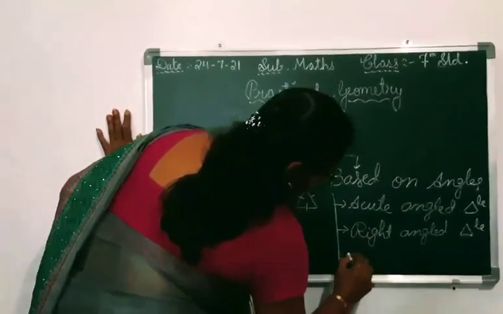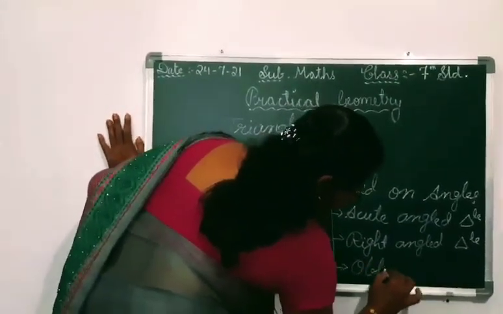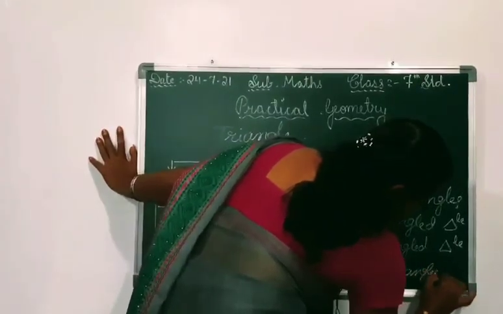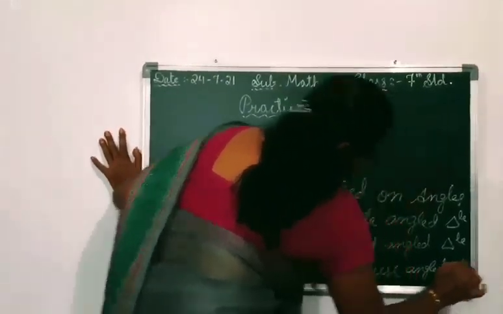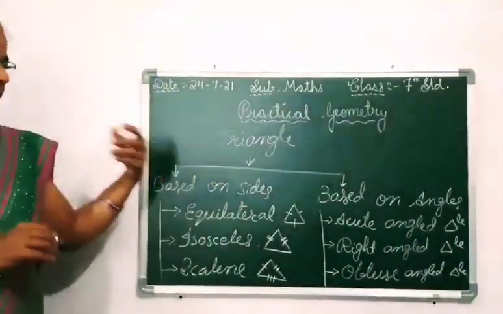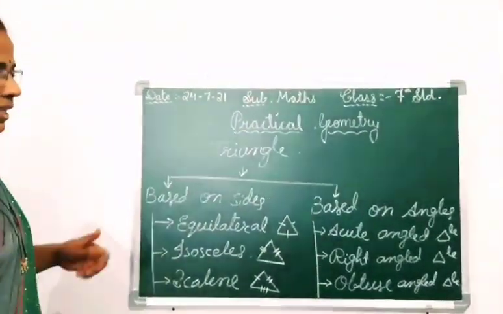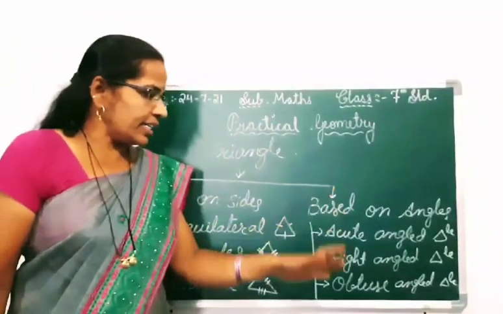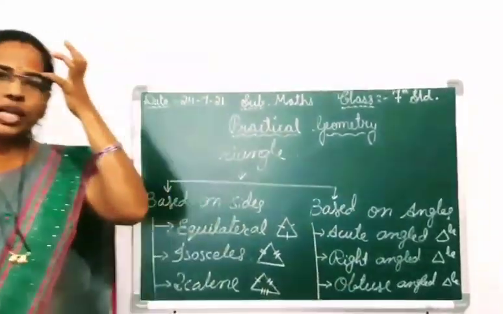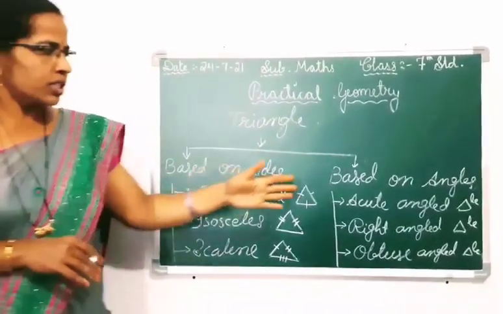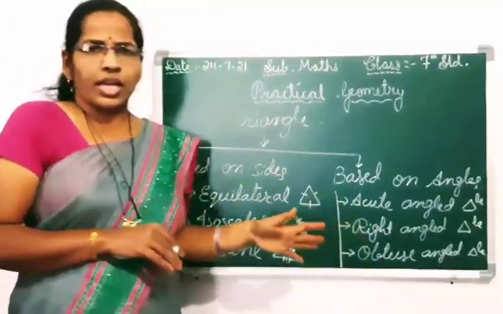And third one is an obtuse angled triangle. Based on angles, there are three types: acute angled triangle, right angled triangle and obtuse angled triangle. I hope children have already learned the meaning of acute, right and obtuse angle.